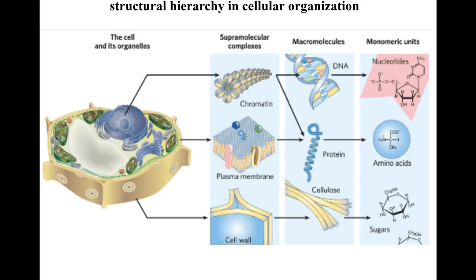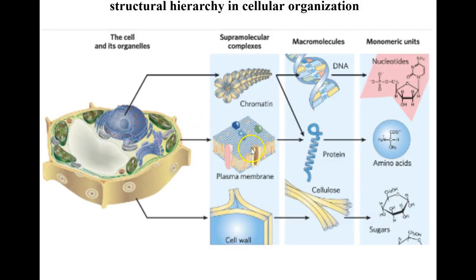Now, the structural hierarchy of the cellular organism: you have on the outside the cell wall that is made up of cellulose, which is also made up of sugars. And then you have the membrane.